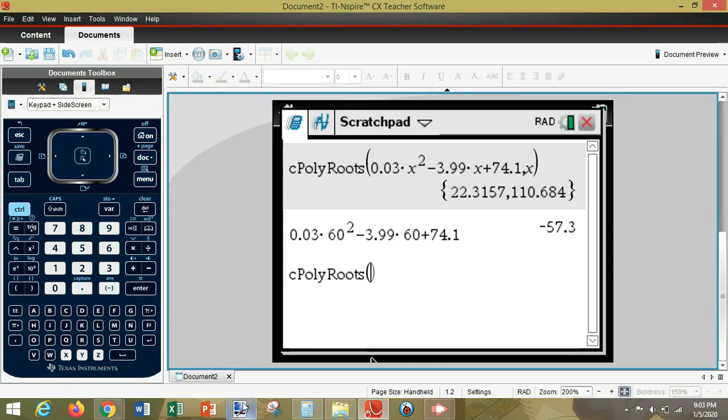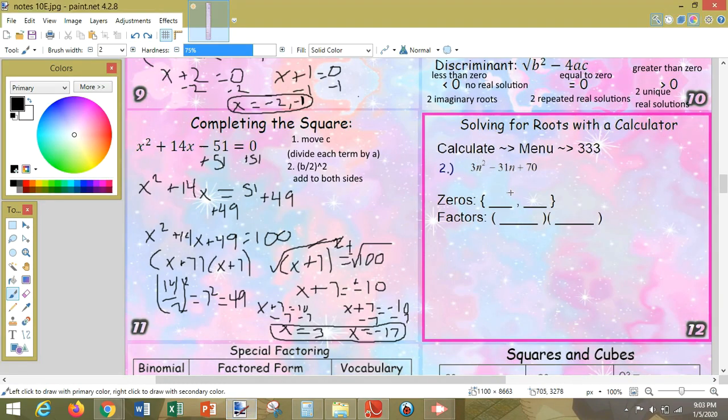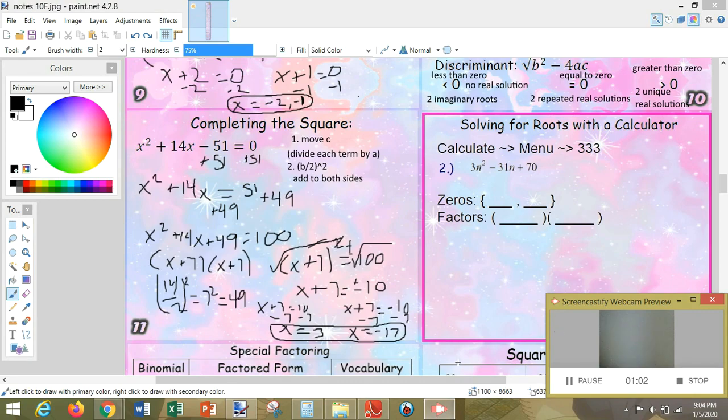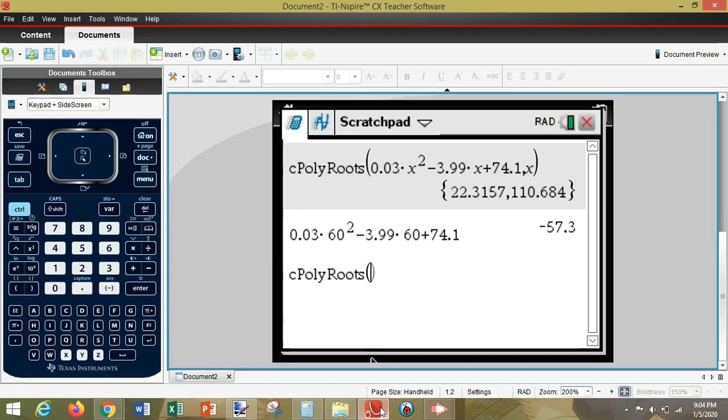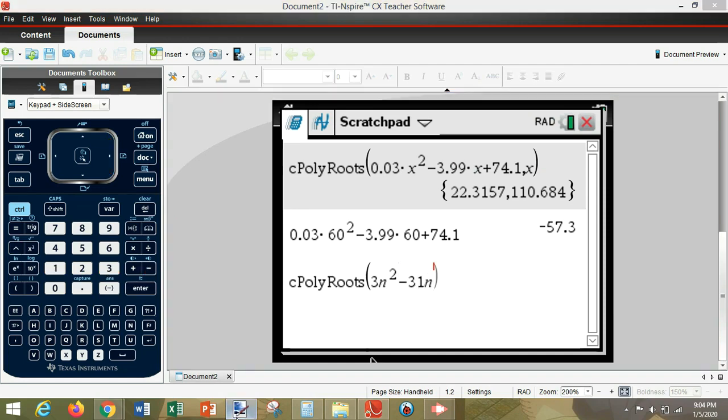Next, what you want to do is type in this expression. Now, make sure if it has an equal 0 or an equal sign, you do not put that. And make sure that A, B, and C's terms are all on one side. So let's go ahead and write that in the calculator. 3n squared minus 31n, and then plus 70.